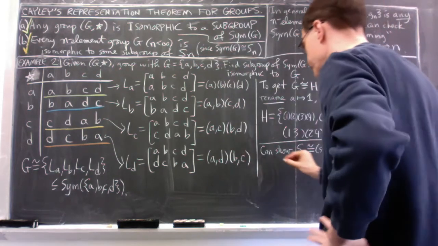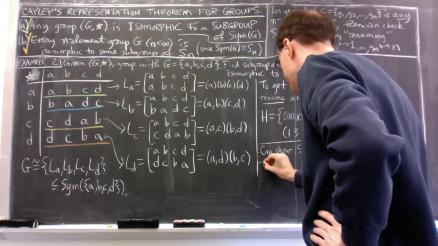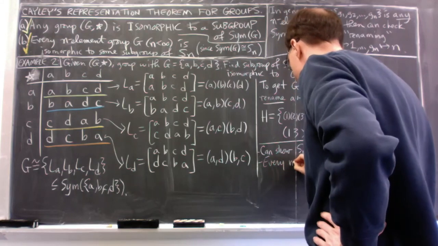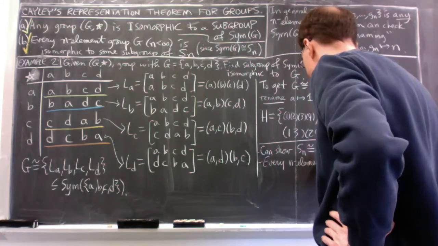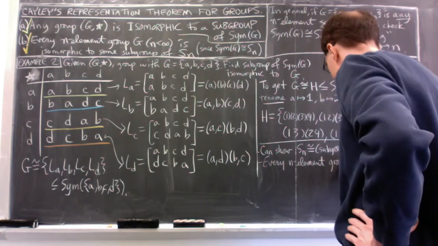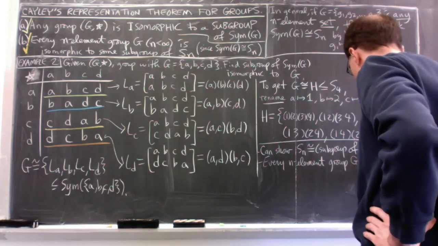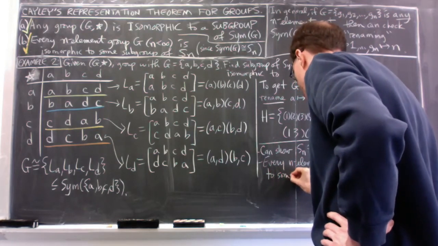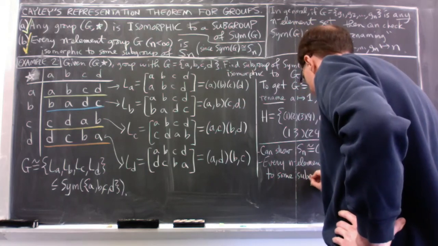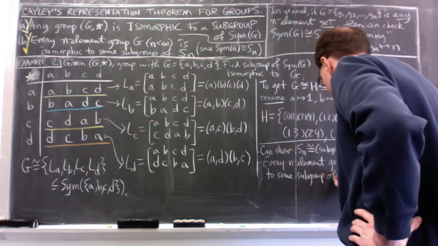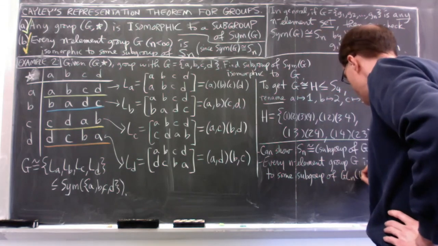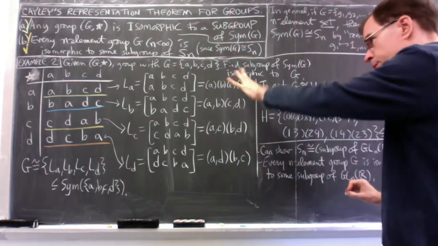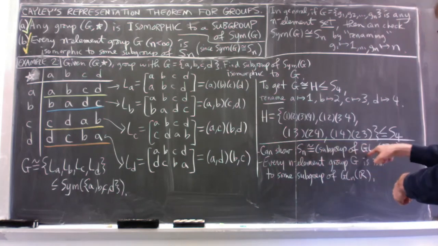And therefore, by using this, every n-element group G is isomorphic to some matrix group, namely some subgroup of GL_n(R). I basically take the subgroup you get from here and go through this isomorphism to change everything into a matrix.